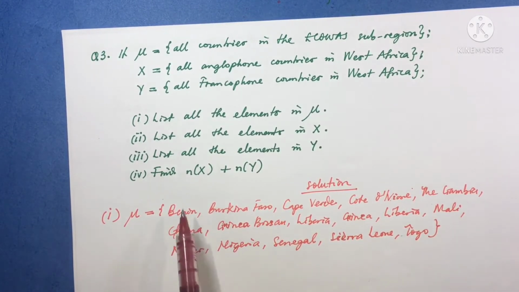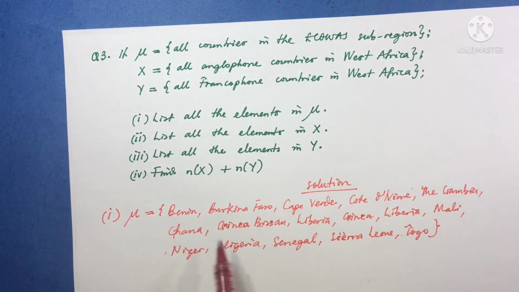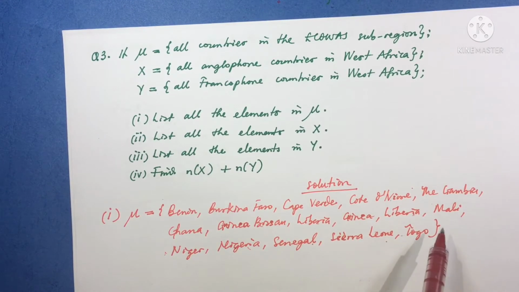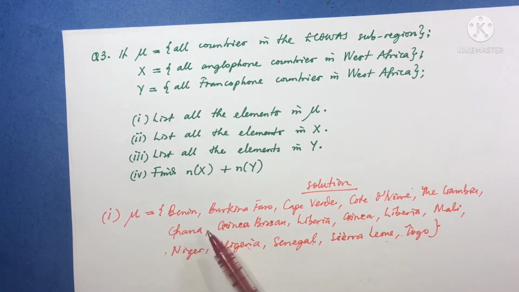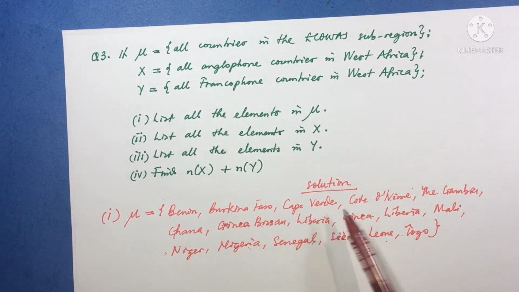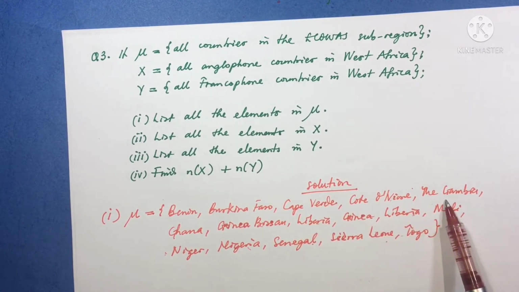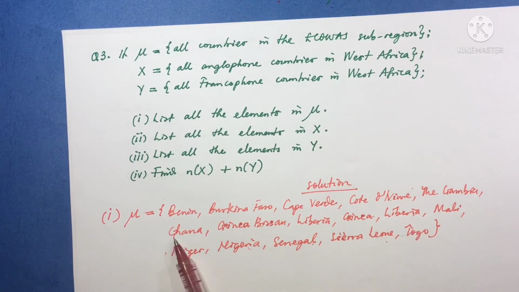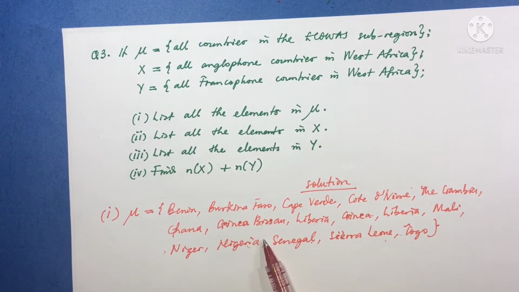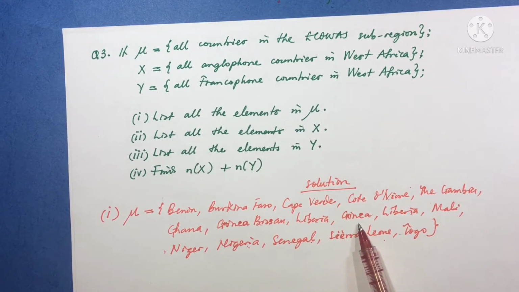Okay, so let's count. I believe I'm right. 1, 2, 3, 4, 5, 6, 7, 8, 9, 10, 11, 12, 13, 14, 15, 16. Okay, so let's see. Benin, Burkina Faso, Cape Verde, Côte d'Ivoire, the Gambia, Ghana, Guinea-Bissau, Liberia, Guinea.